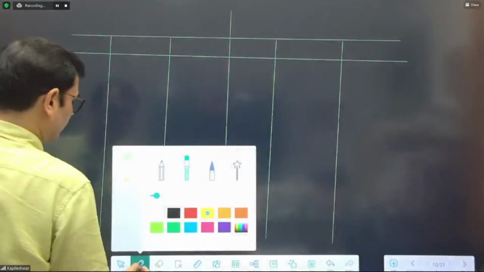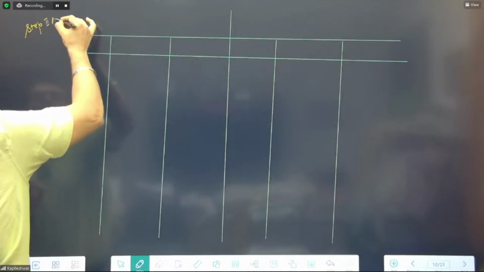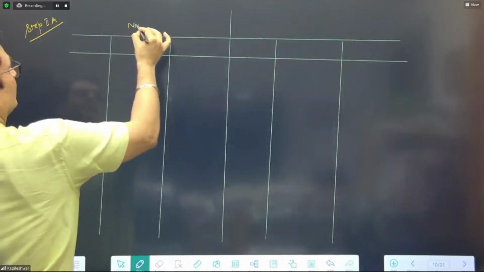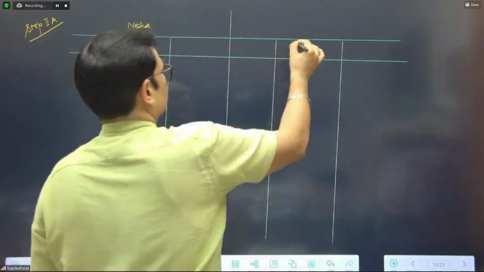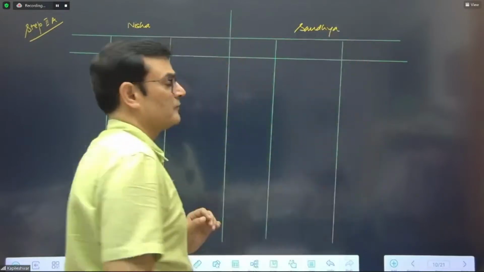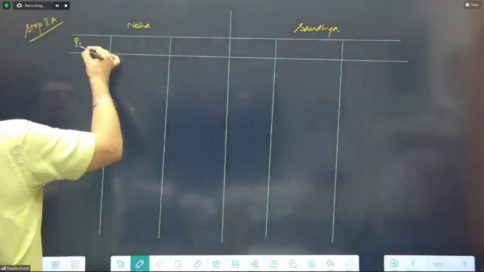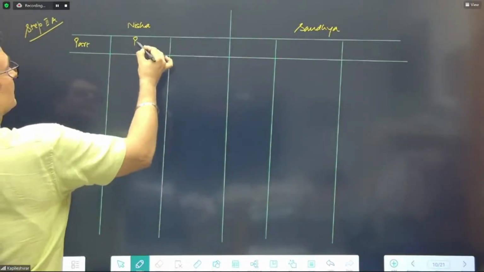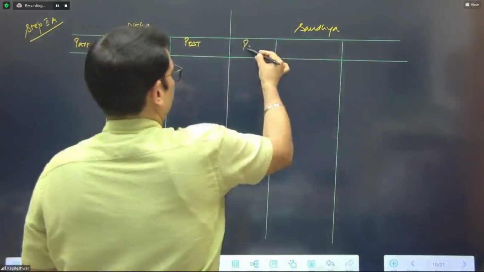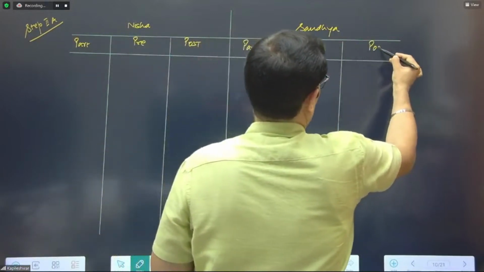So I am looking at step number 2A, and we're looking at the analysis of other equity in terms of Nisha as well as Sandhya. They are both subsidiaries of Usha, so you need to take care of two separate analyses. Let's take a column for particulars, then pre-acquisition and post-acquisition.